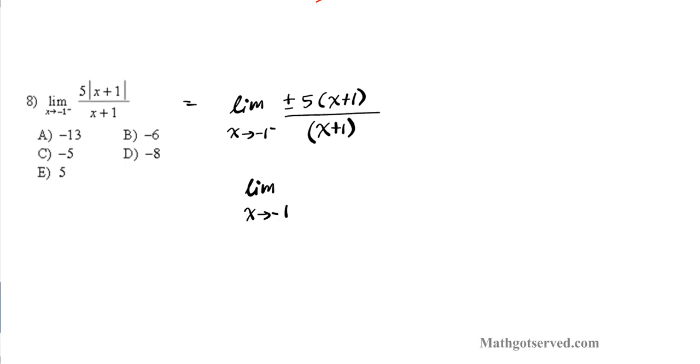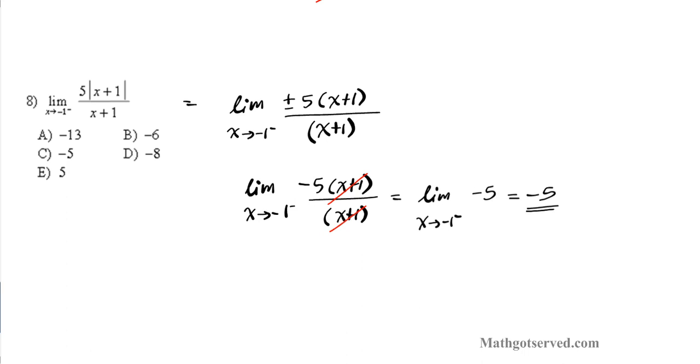Since we're approaching from the left, we're going to take minus, so we have minus 5 times x plus 1 over x plus 1. All right? Now these two quantities are identical, so they divide out. And now we're going to have the limit as x approaches -1 from the left of -5, and your answer is -5. So our answer for number 8 is option letter C.